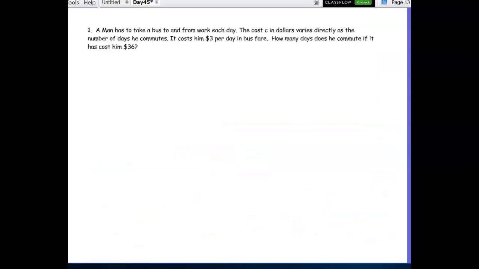All right, a man has to take a bus to and from work each day. The cost in dollars, okay, varies directly as the number of days he commutes. So the cost, okay, varying directly. Okay, first let's do y is equal to k times x. Okay, and the cost, let's let c be equal to the total cost, and d be equal to the number of days.